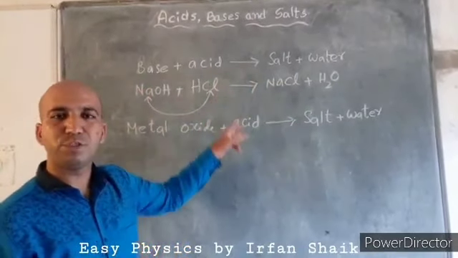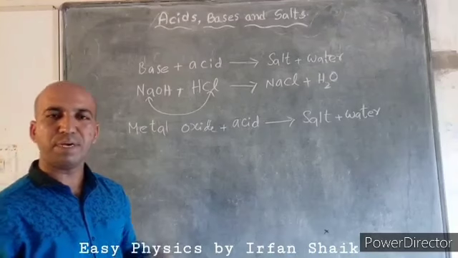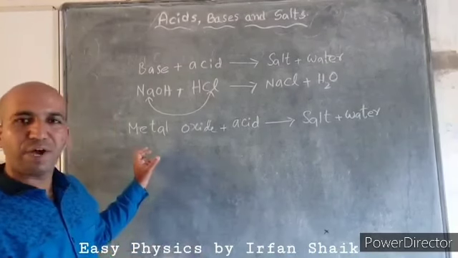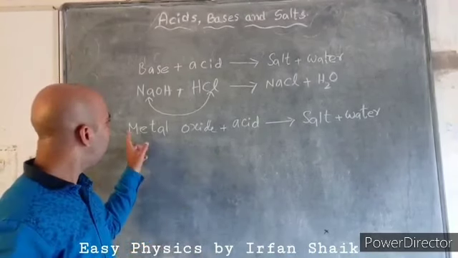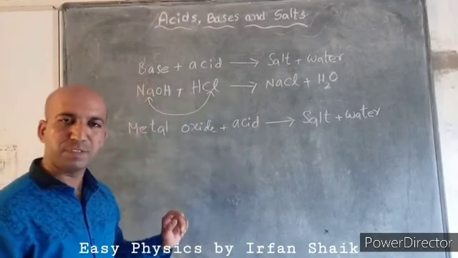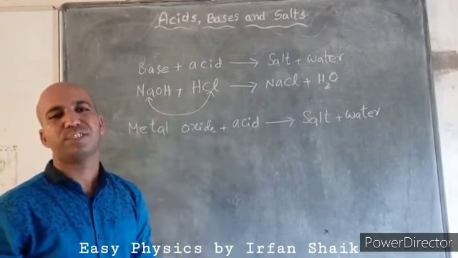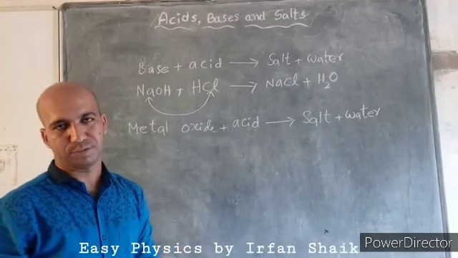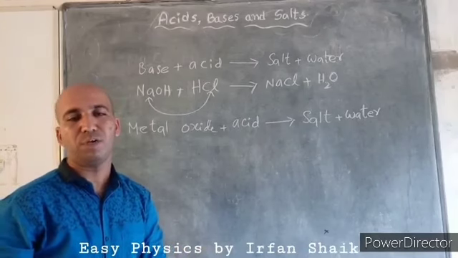By observing these two chemical equations, we can easily say that the nature of the metal oxide is base. That means all metallic oxides are basic in nature. What are metallic oxides?